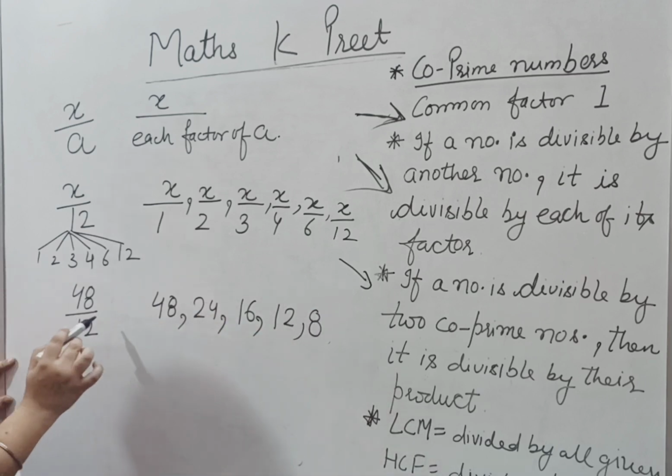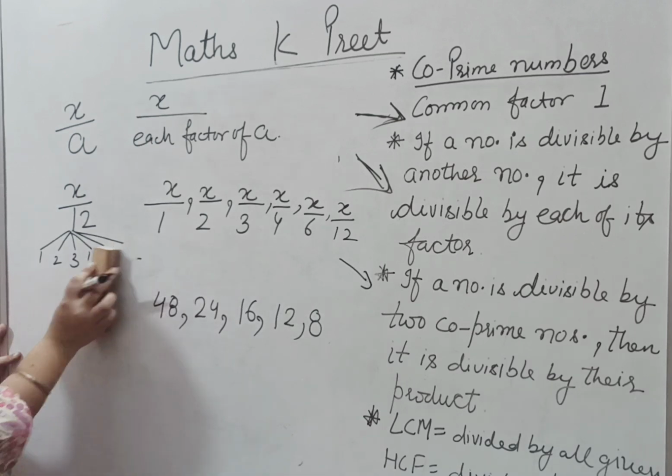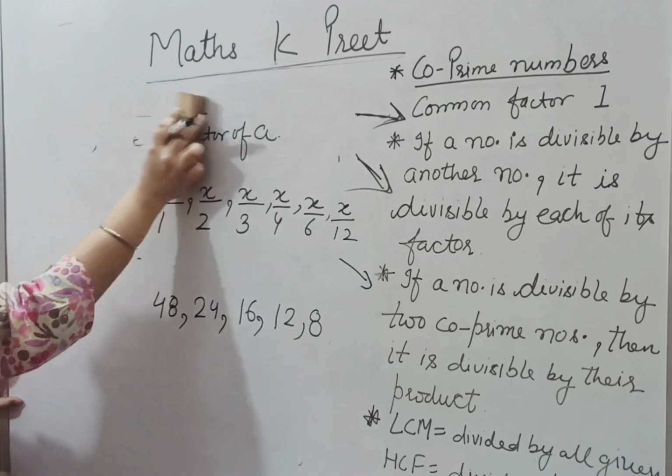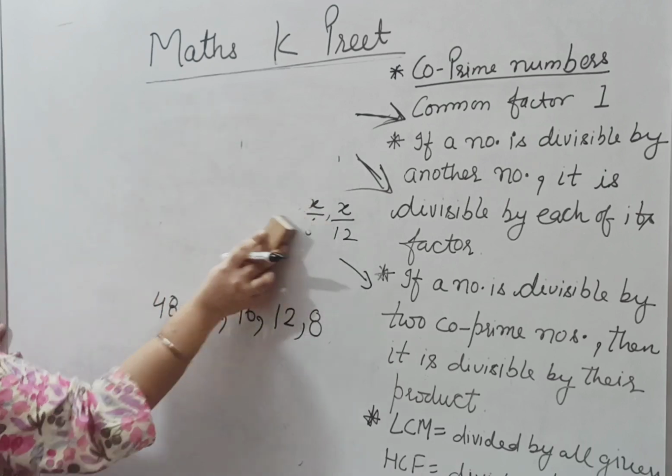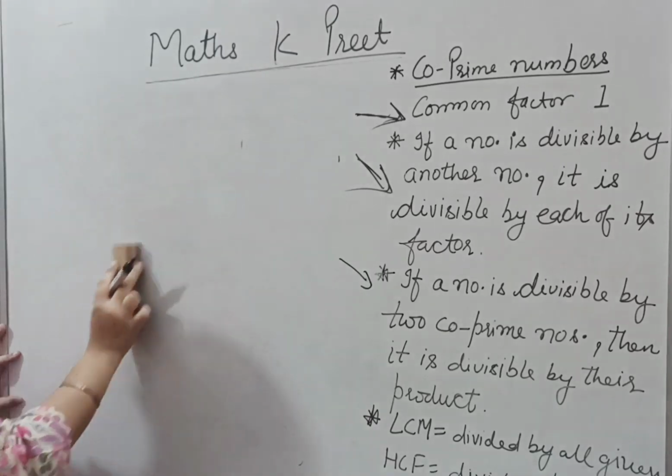So this property holds for every number. It is a general result basically. These were the two results related to divisibility and co-prime numbers.